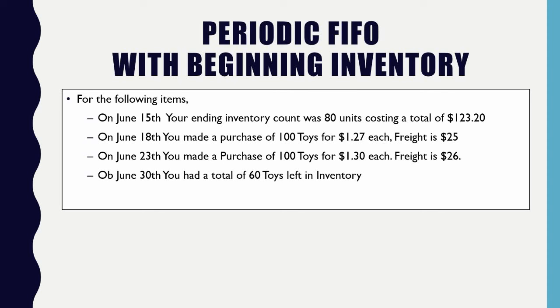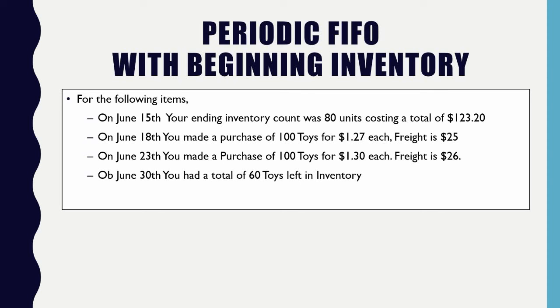We're going to start over again and compute the scenario over and over again. But in this case, I have to deal with beginning inventory because I have to carry it over from my previous inventory worksheet, so I can start off with having units in my inventory to begin with, so I can sell those items first.